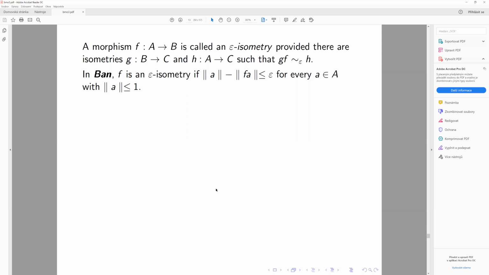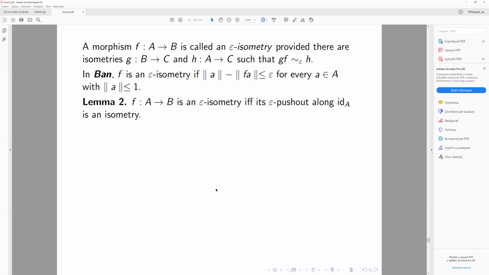And now the key observation is that something is an epsilon isometry if its epsilon push out along identity is an isometry. It's in fact an easy thing to check.